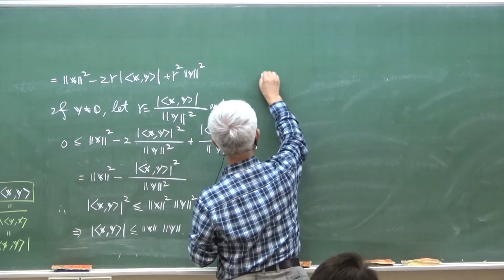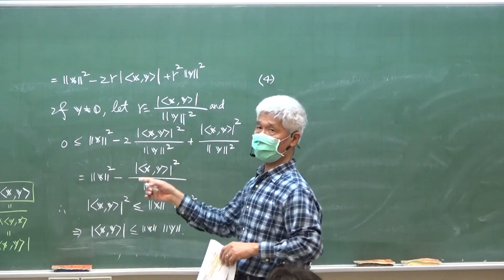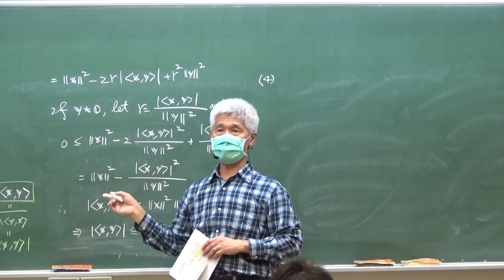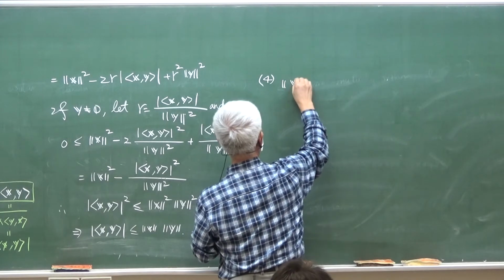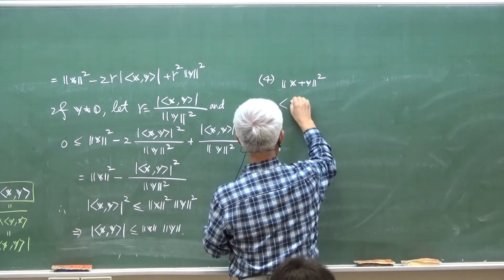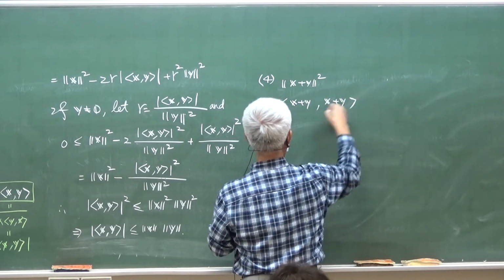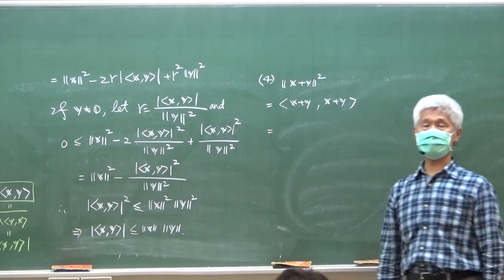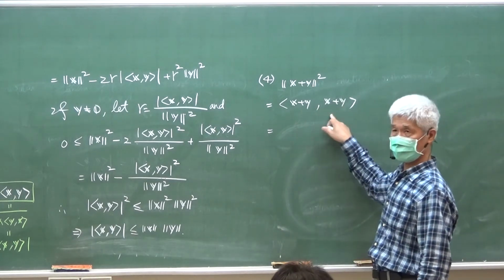How about the triangular inequality? Once we have the Cauchy-Schwarz inequality, then the triangular inequality becomes pretty easy. So let's see. Right, so by definition, the square of the norm is the inner product of x plus y with itself.